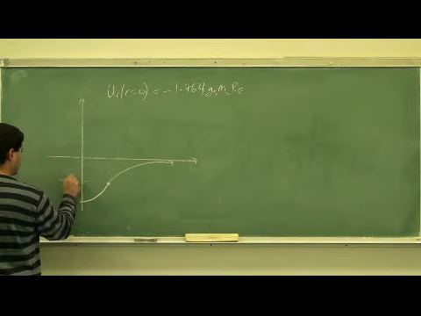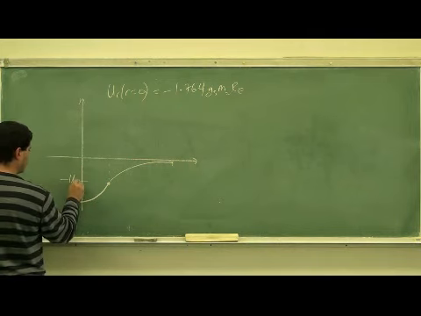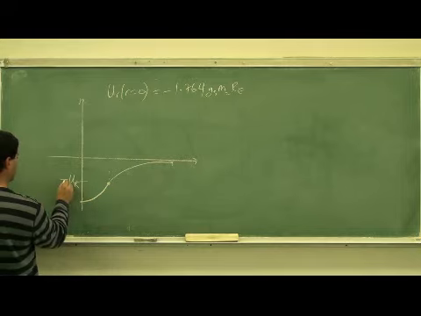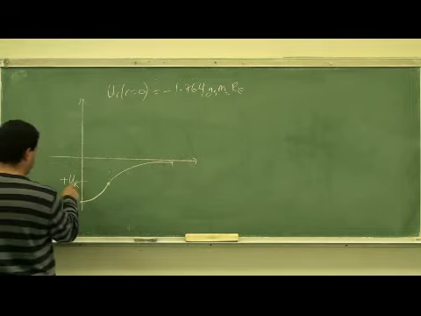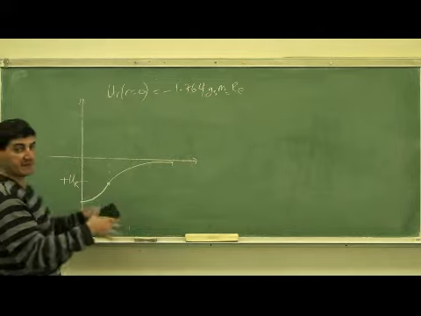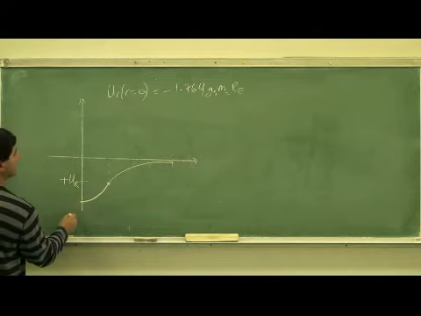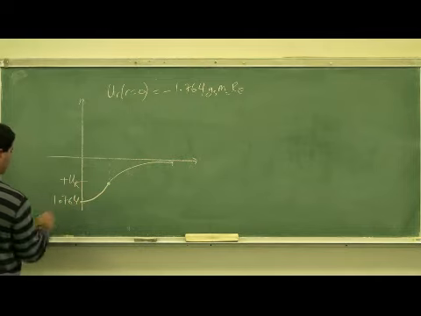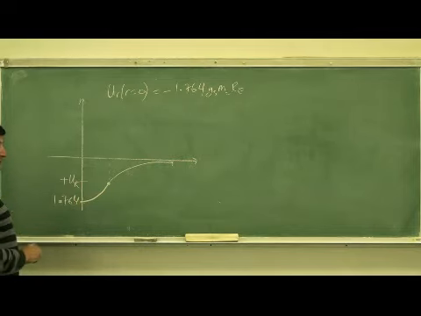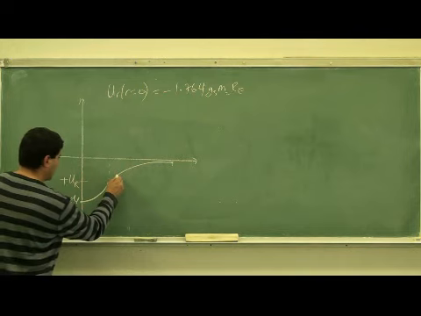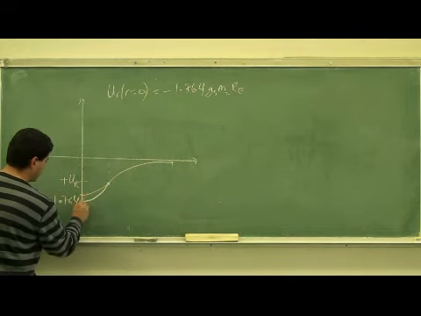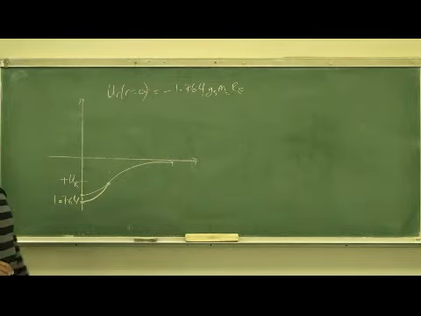So if this is the potential energy at the surface, this is the potential energy at the surface, U of R, which itself is negative. So this one is going to be 1.764 U of R. Now for the uniform mass density, the potential energy looked like this, right? It was 1.5. So why is that?